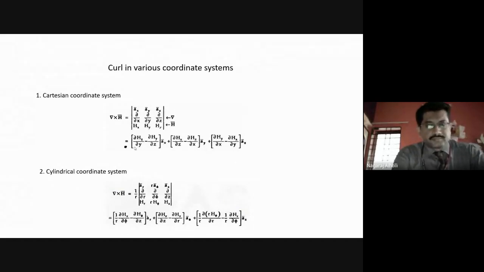Did you all expand? What is the equation that you are getting, students?